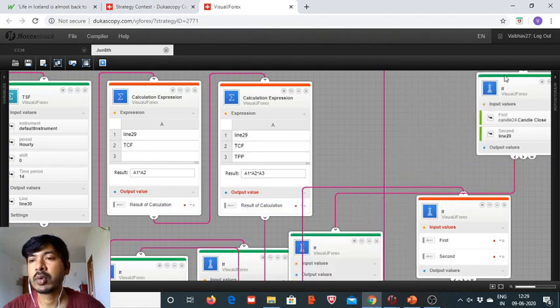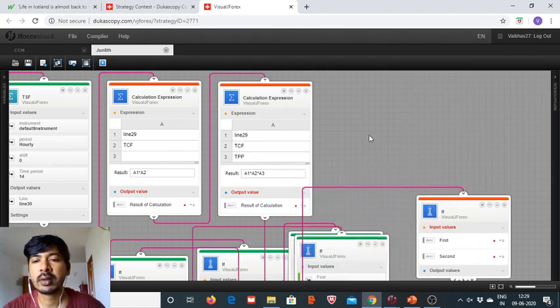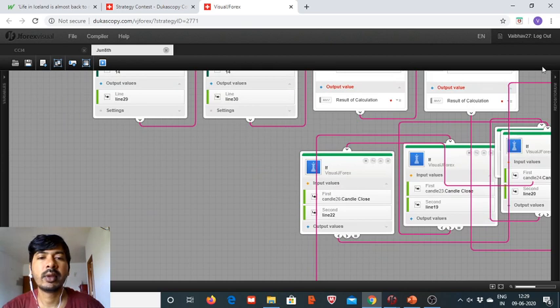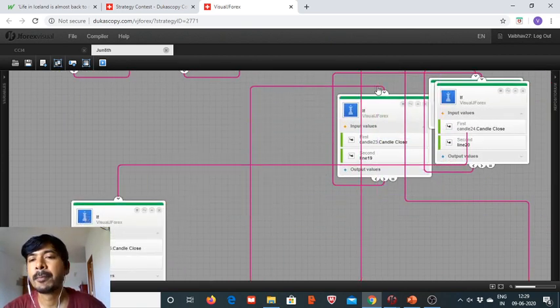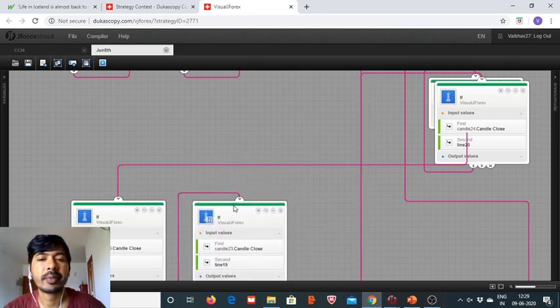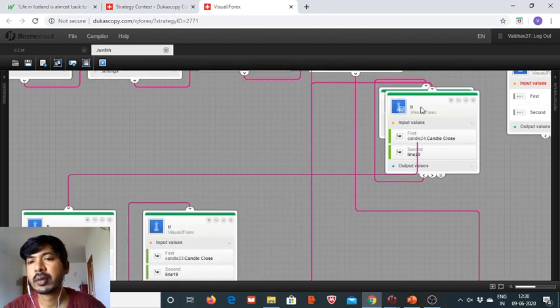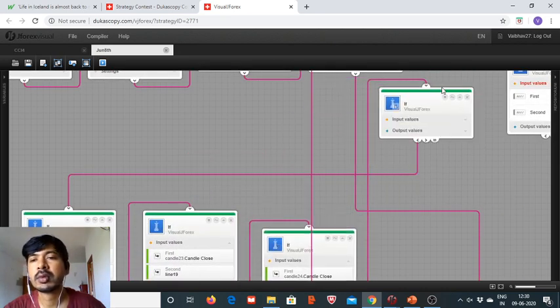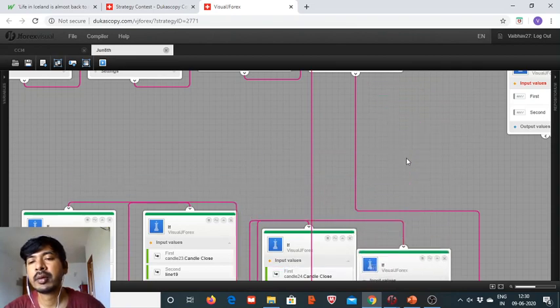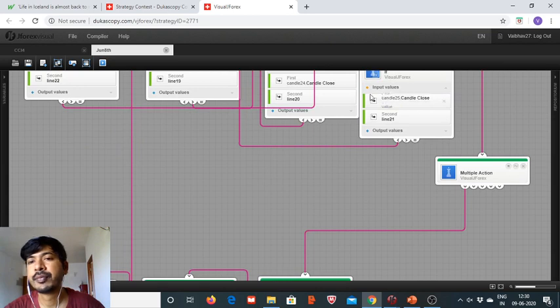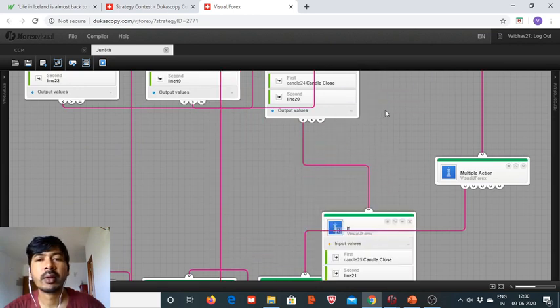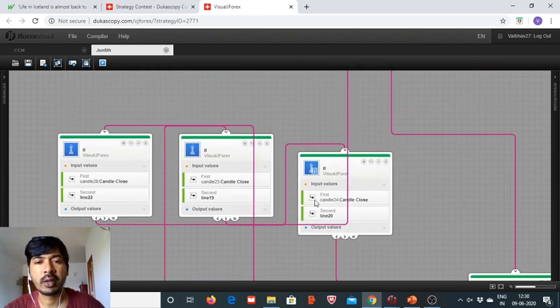Now is the time to arrange this, and then we will need to look at the current hours TSF value.